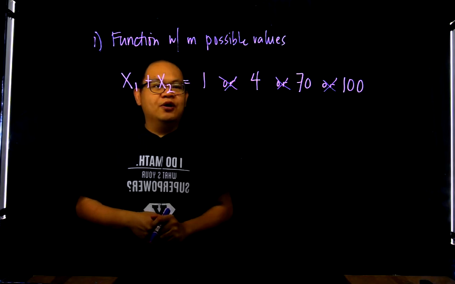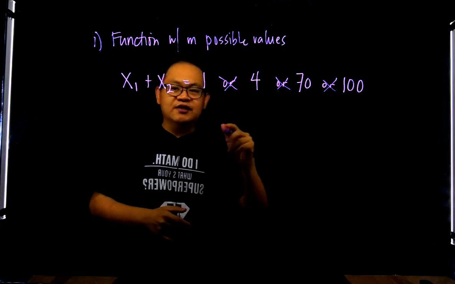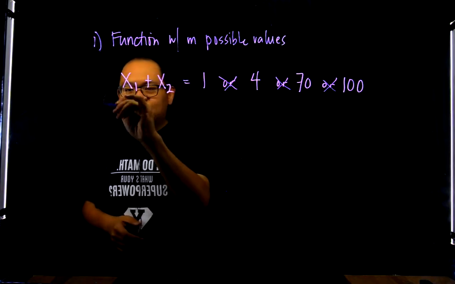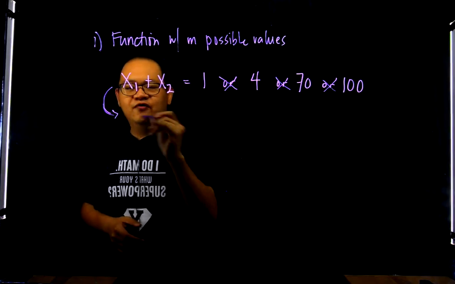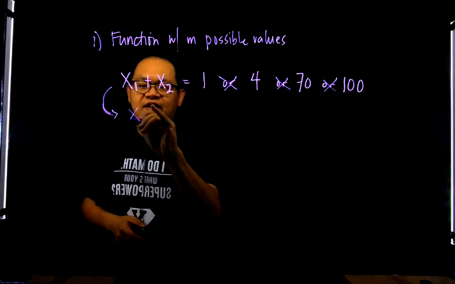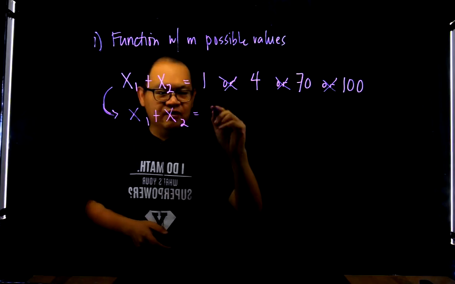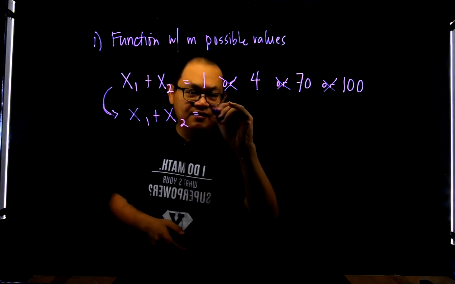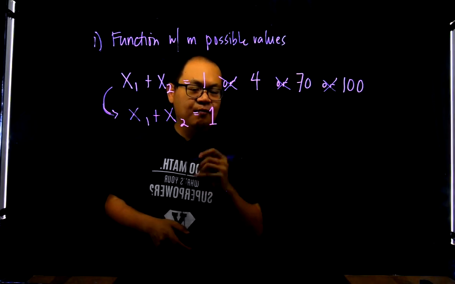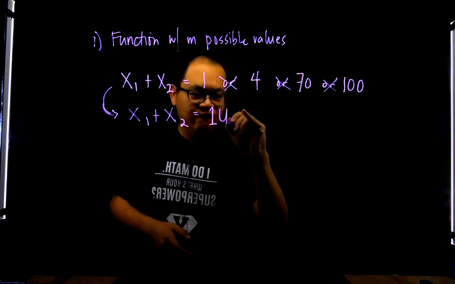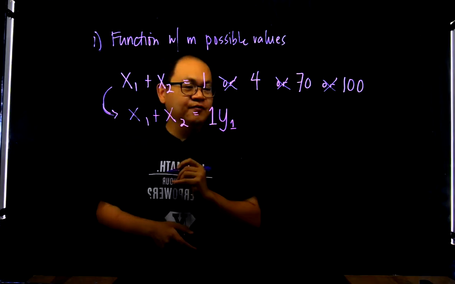Now, in order to introduce switches here, what I'd like to do is to convert this constraint x1 plus x2 into a constraint where the right-hand side is equal to 1, but I will be adding a variable, let's call it y1.